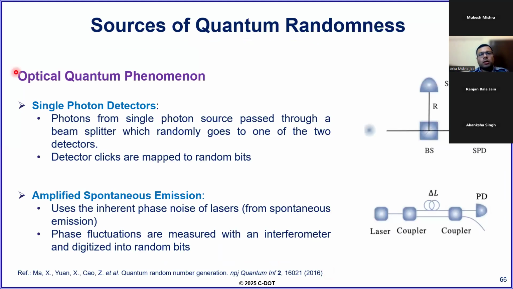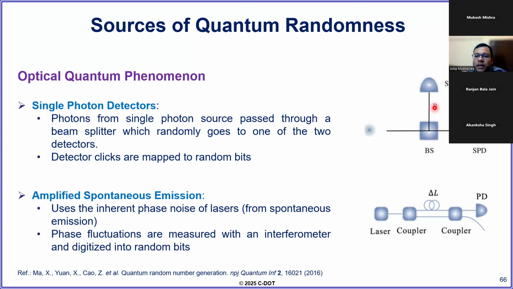Based on how you design a QRNG, there are two types of things. One is called optical quantum phenomena. Here we have a single photon source and a beam splitter. The beam splitter's property is that it will either reflect a single photon or transmit it. If we send a single photon to a beam splitter, there is a 50-50 probability that it will be reflected and detected in one single photon detector, or transmitted and detected in the other.